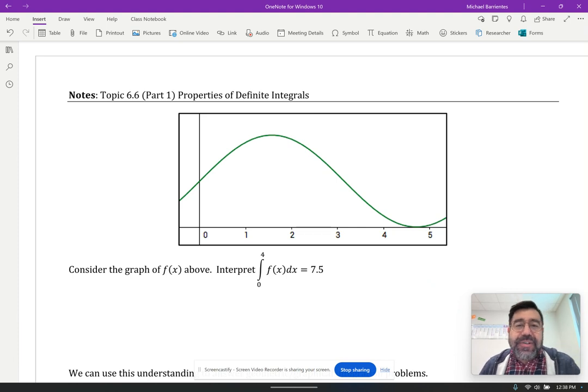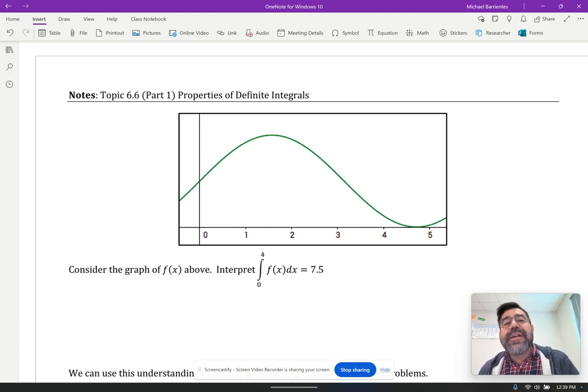Unit 6 is going to introduce us to definite integrals, which is the second part of calculus. We have differential calculus, or derivative calculus, and then we have integral calculus. The work that we're going to do in the first videos is going to give us the foundation for what we need in terms of understanding what a definite integral does, how to read a definite integral, the notation that we use, and then how to find exact definite integral values and approximate definite integral values.